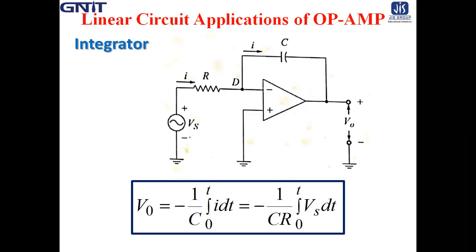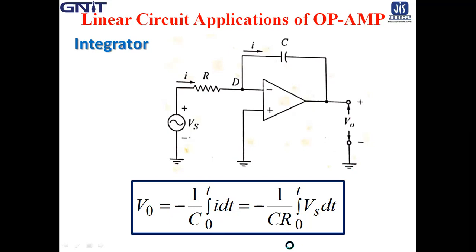The current I flowing through the resistance R is I equal to Vs by R. The input impedance of the op-amp being infinity, the current I flows through the feedback capacitance C to produce the output voltage V0, which is equal to minus 1 by C integral from 0 to T of I dt.